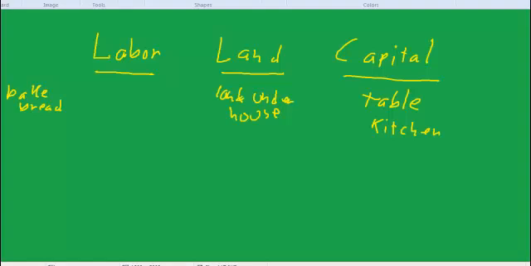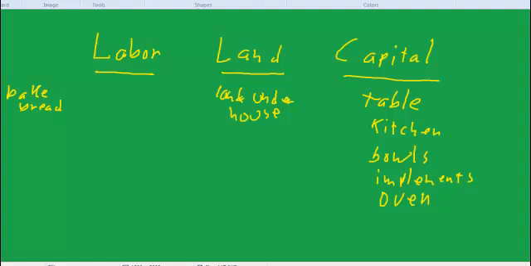So back to my bread baking, well, the table is a long-lived thing. The kitchen itself, the building, is a long-lived physical capital. And then the bowls might be considered capital. Any implements like spoons and so on. The oven would be a classic type of capital, a capital good.